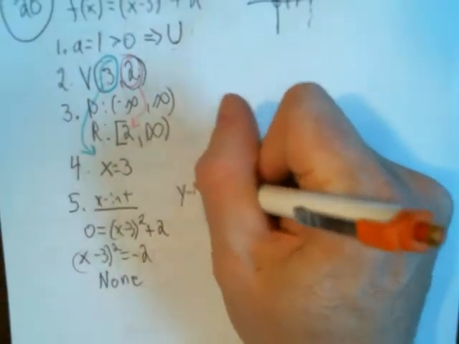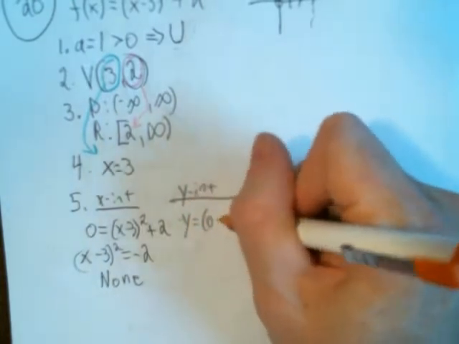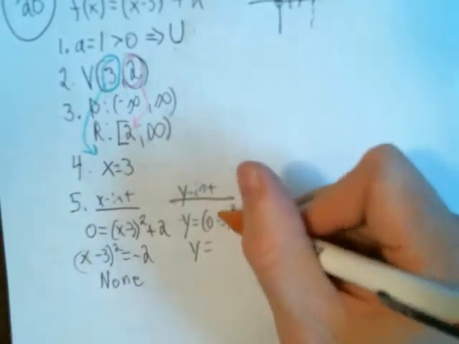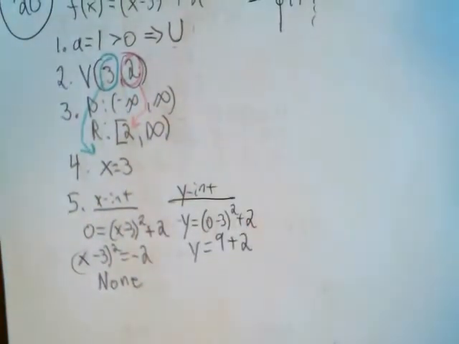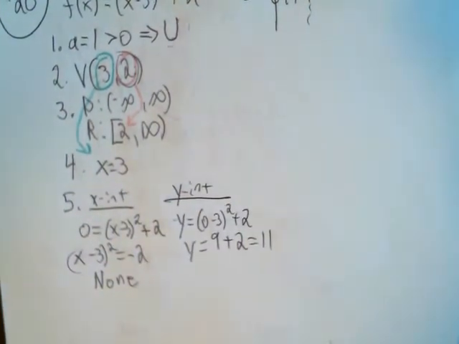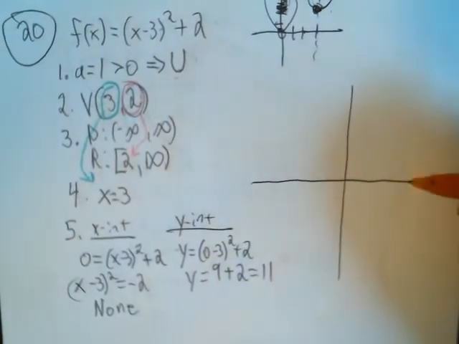Then for the y-intercept, you let x equal 0. So we'll have y equals (0 minus 3) squared plus 2. In other words, negative 3 squared is 9, and then plus 2. 9 plus 2 is 11. So the y-intercept is at 11. Now we go and make our graph.